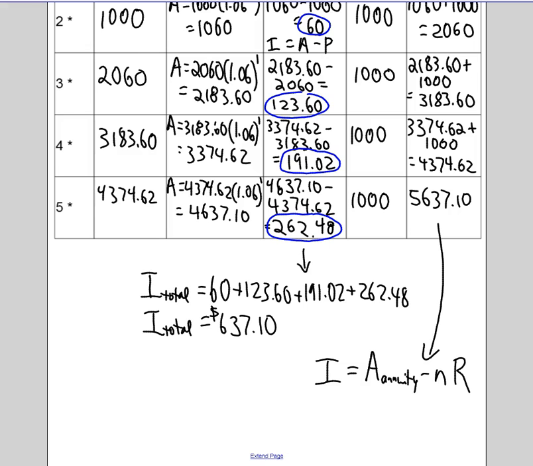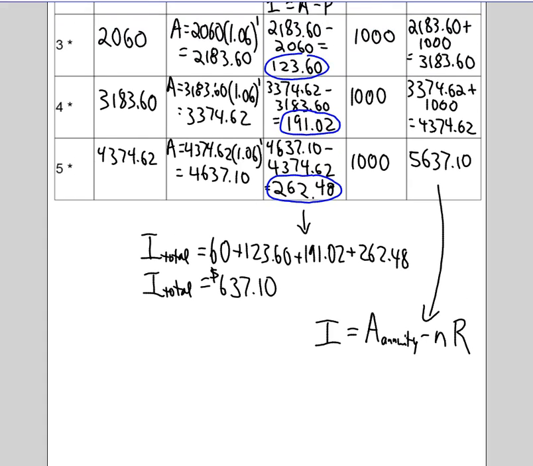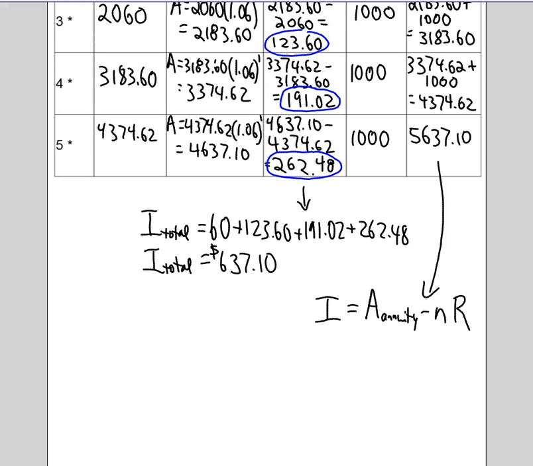And in this case, I'm introducing some notation here. There were 5 deposits made, so there were 5 terms in this annuity. R is the value of the regular deposit, and capital A is the amount at the end for all of the interest plus principals. So really what we're seeing is that we had $5,637.10, and how many deposits were made? 5 were made.